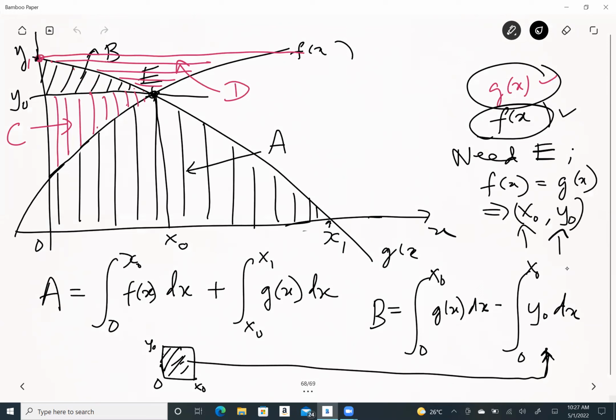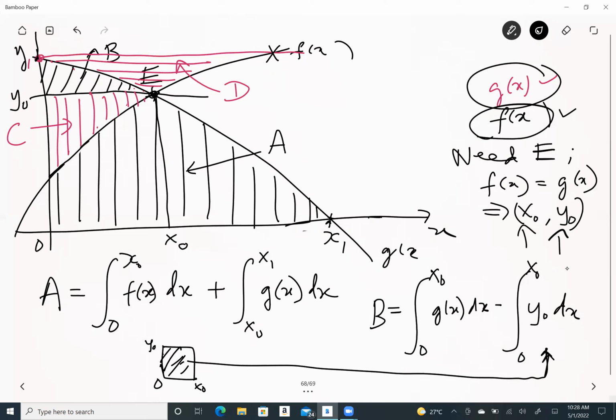Now, this point is not x1, unless you draw it nicely. But more generally, if you look at my graph, it is not x1.